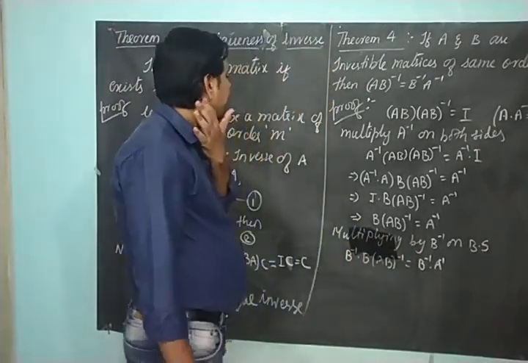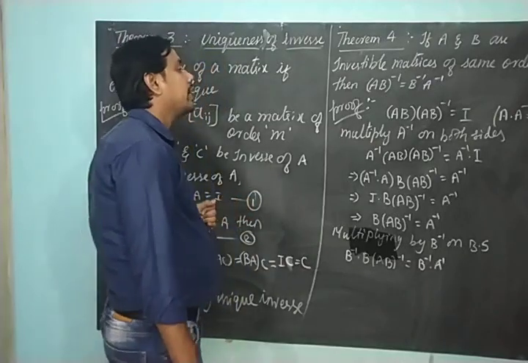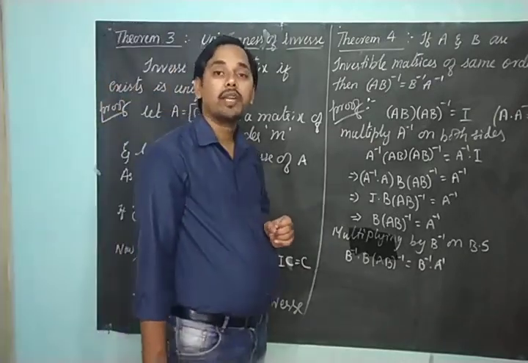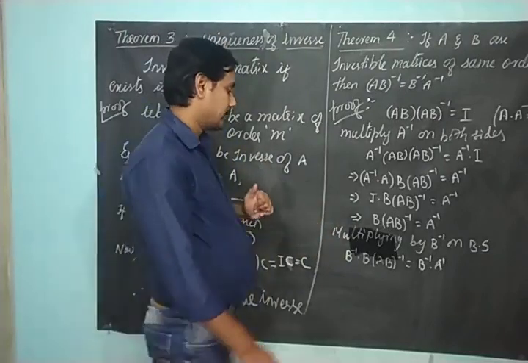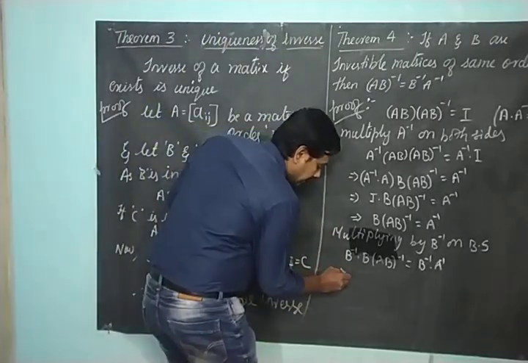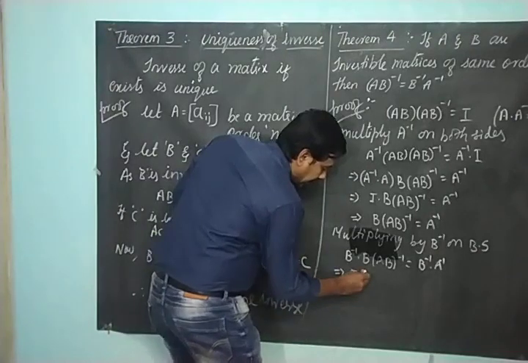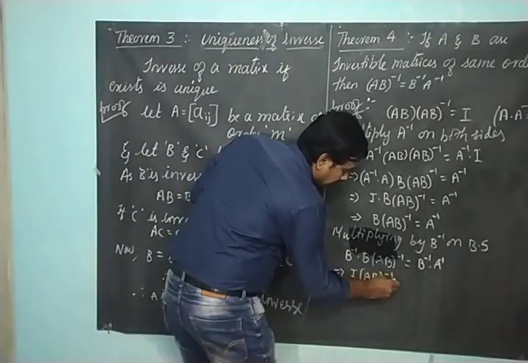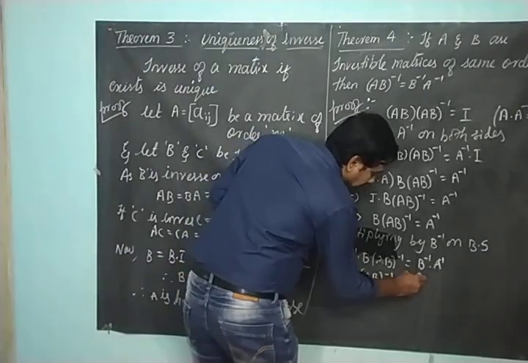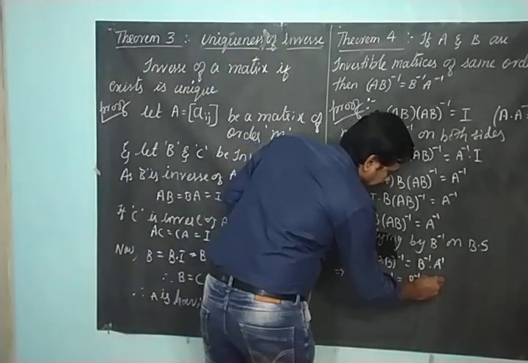Now what is B inverse into B? B inverse into B is equal to I. So this will be I. Why?